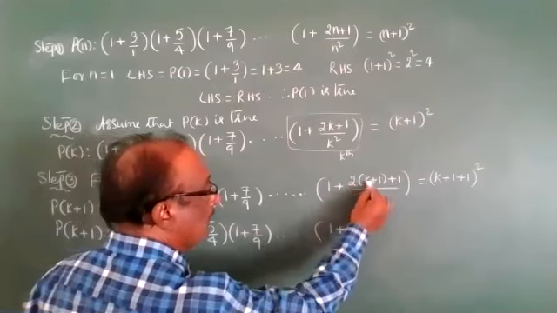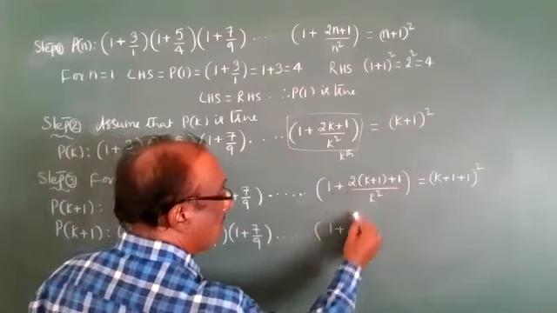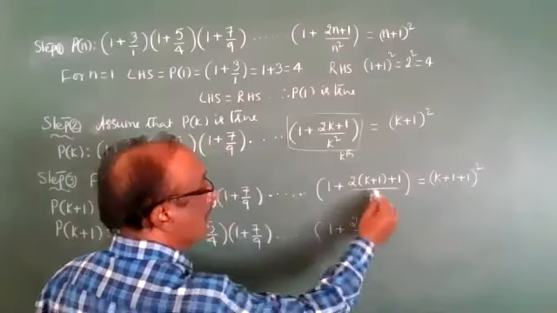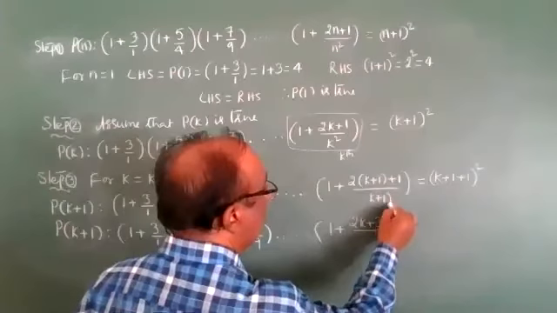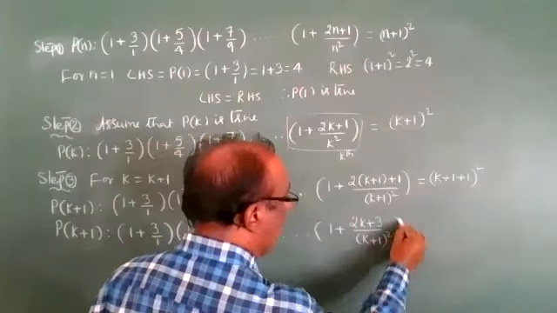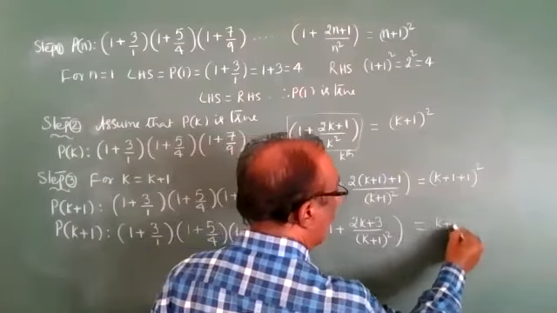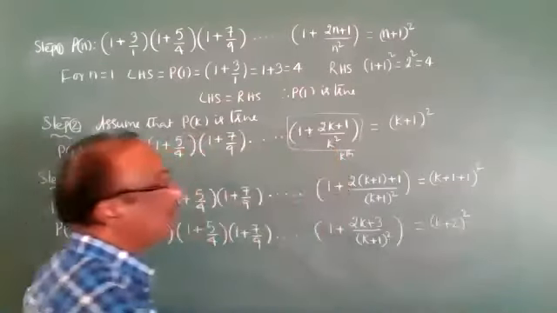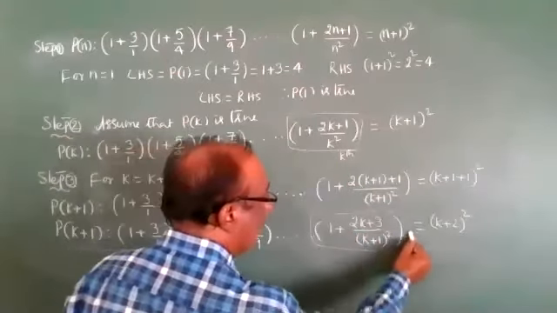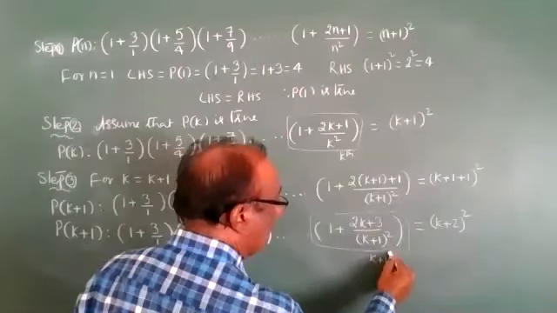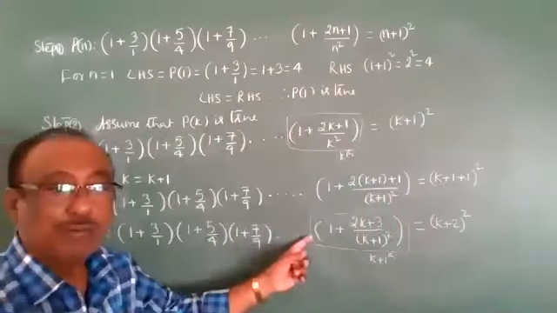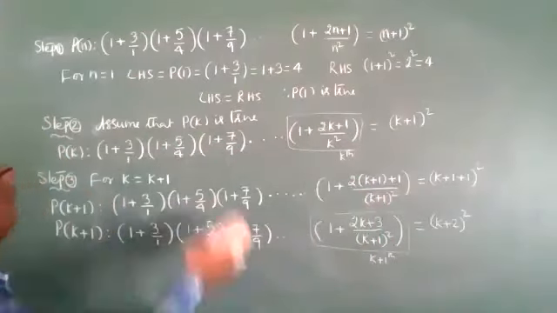Simplify: 1 plus (2k plus 2 plus 1), 2k plus 3 by (k plus 1) square, bracket is equal to (k plus 2) square. This is the k plus 1th term. Write out this bracket, this is the copy.